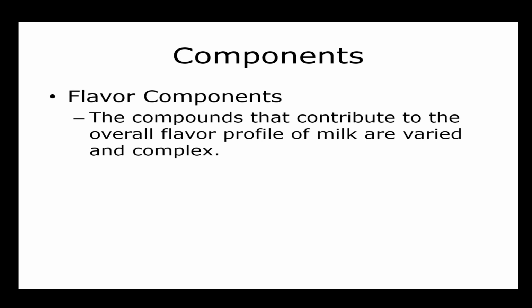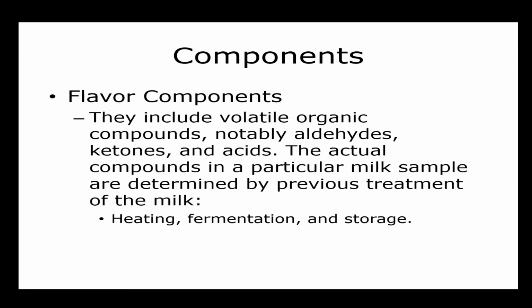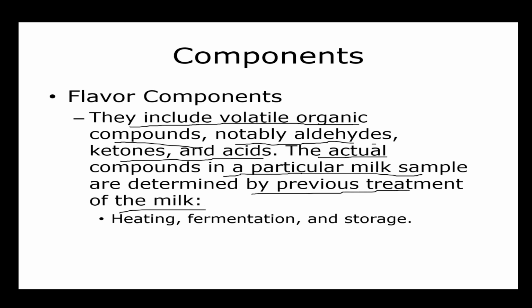So moving on with some of the flavor components. The compounds that contribute to the overall flavor profile of milk are varied and complex. Some of the flavor components are volatile organic compounds, notably aldehydes, ketones, and acids, and the actual compounds in a particular milk sample are determined by previous treatment of the milk. So there are certain treatments through which the main flavor of the milk gets decided. Some of the methods can be heating, fermentation, and storage.